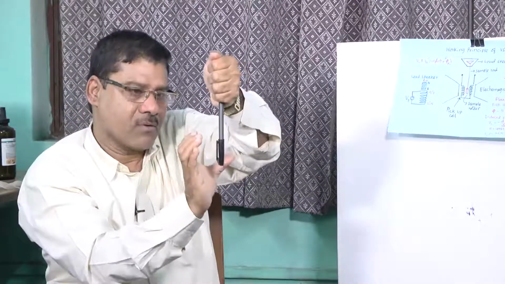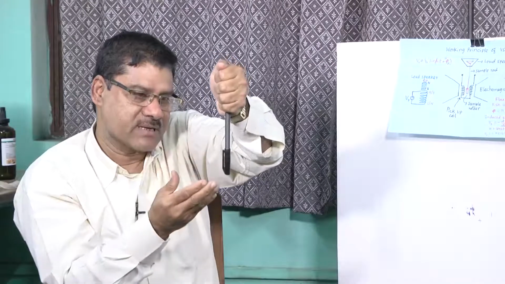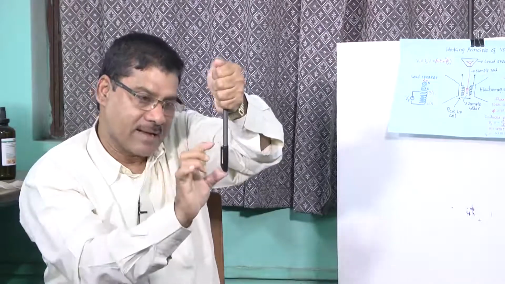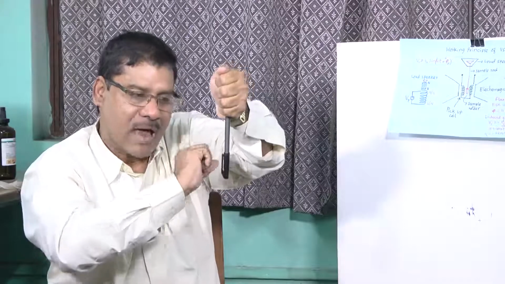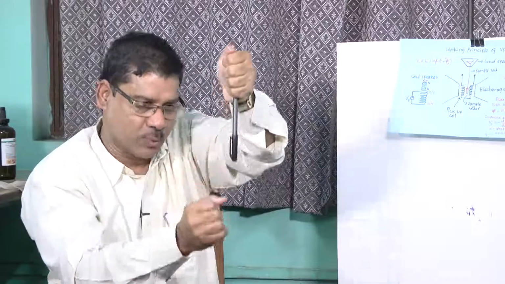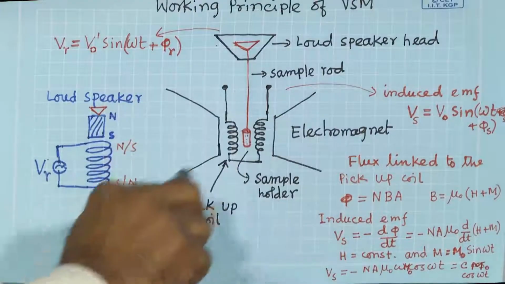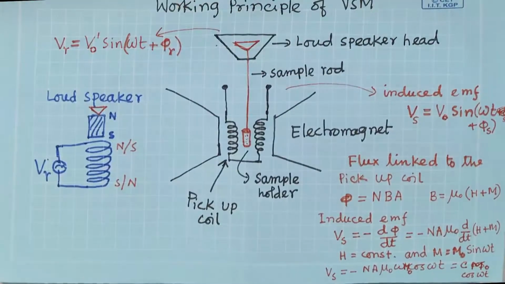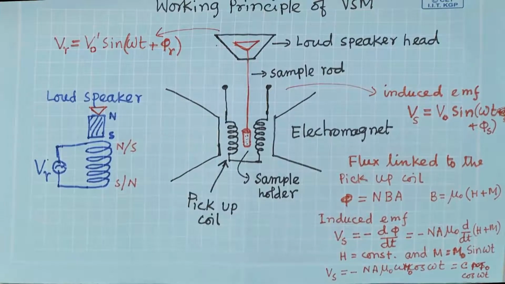Now, what do I want to study? I want to measure the magnetization of this sample as a function of magnetic field. So, I have to apply a magnetic field, and put this sample in the magnetic field. So, this is the pole pieces of an electromagnet. I have put my sample between the pole pieces.